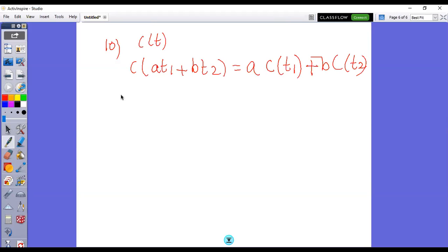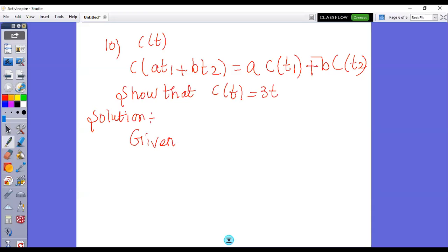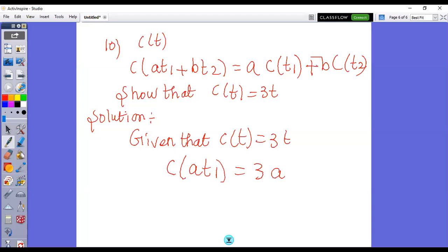Show that C of t equal to 3t is linear. What is the given? Given that C of t equal to 3t. To prove the function, first prove C of a t1 equal to 3 a t1.